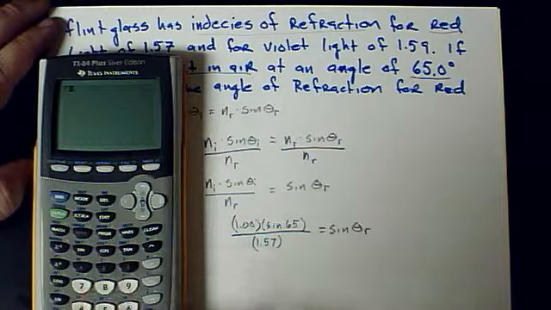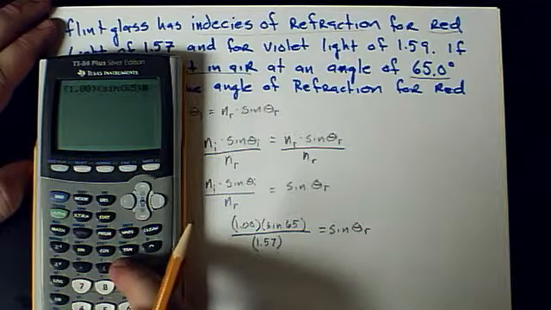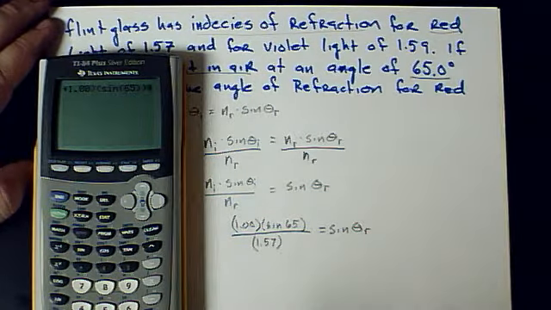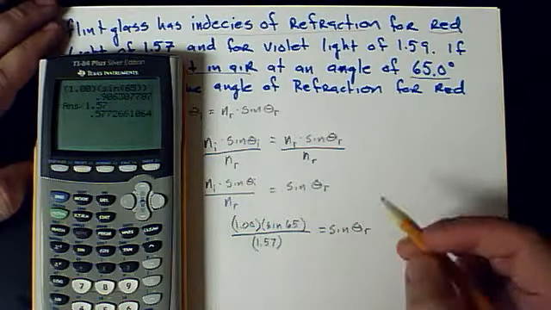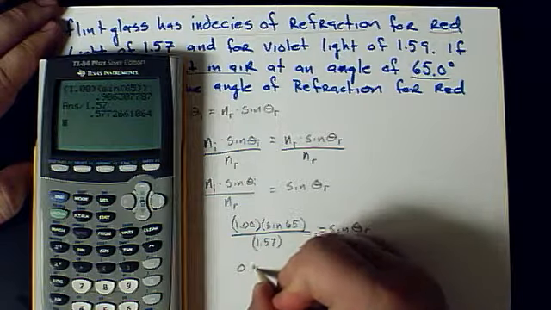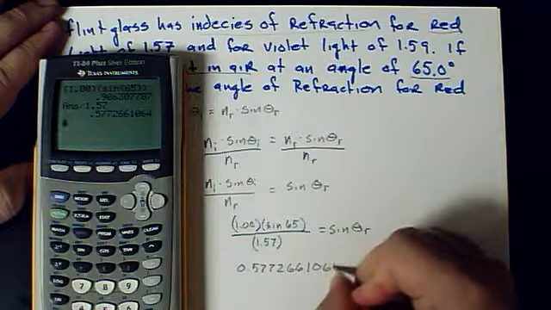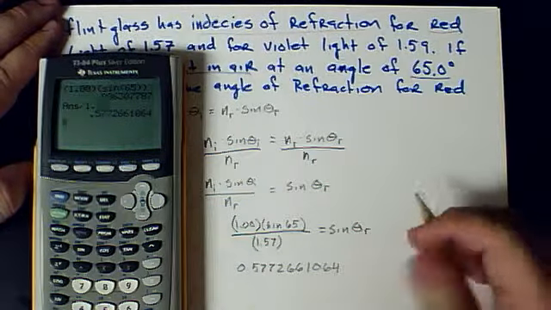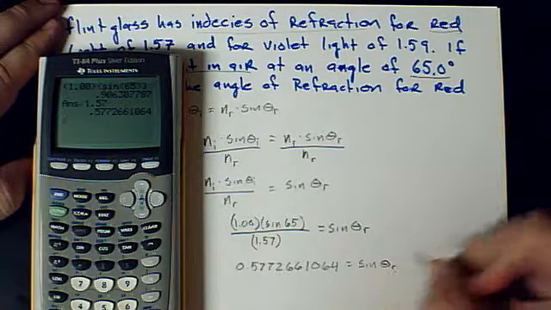We're going to do 1.00 times the sine, so just push the sine button, of 65, and make sure you close your parentheses. I'll go ahead and multiply that out, and then divide by 1.57. Okay, so that gives me 0.57726611064. You don't necessarily have to write all that out, and that equals the sine of theta r.